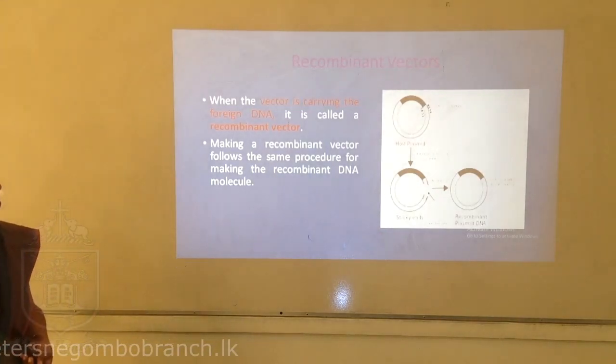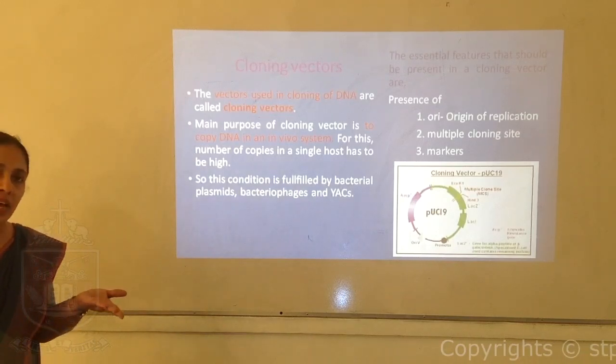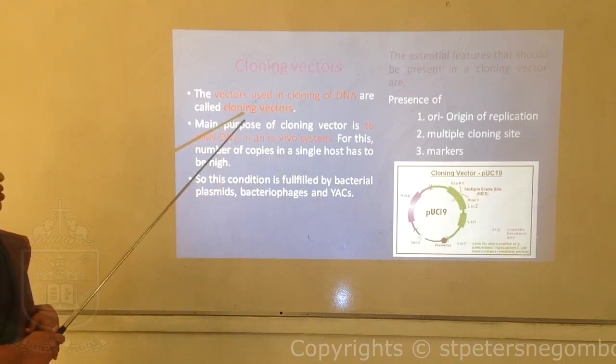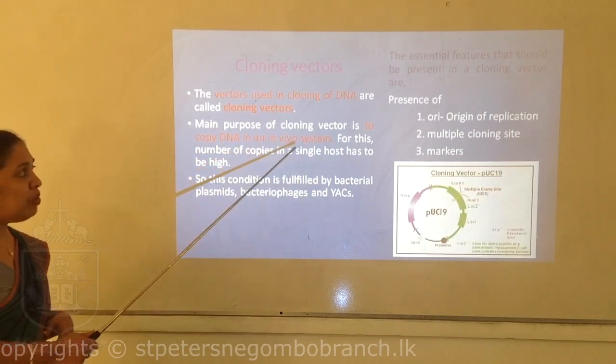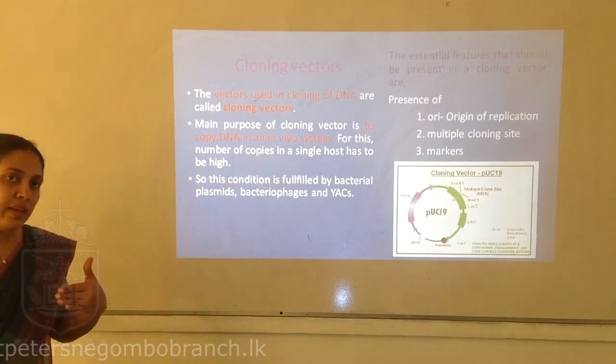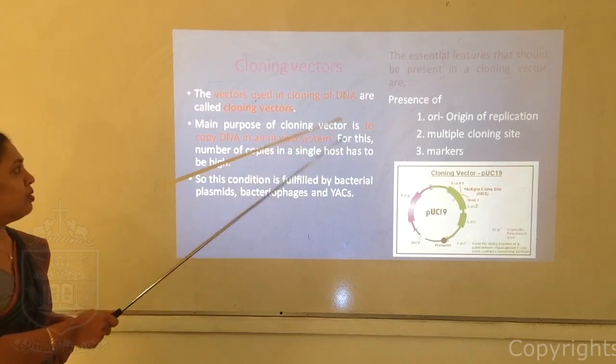And there are cloning vectors also. Vectors which we are using in DNA cloning are known as cloning vectors, and they are copied in an in vivo system. This is inside the living cell. Though we do it in a laboratory, it is happening inside the living cell. So it is an in vivo system.